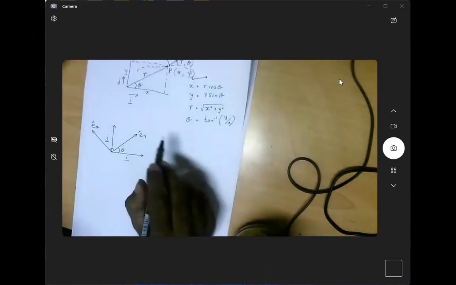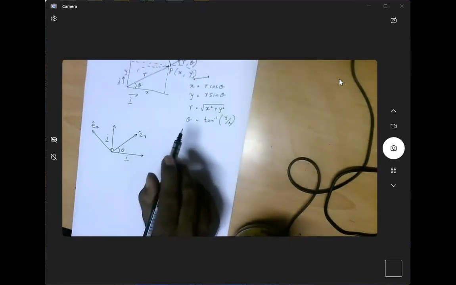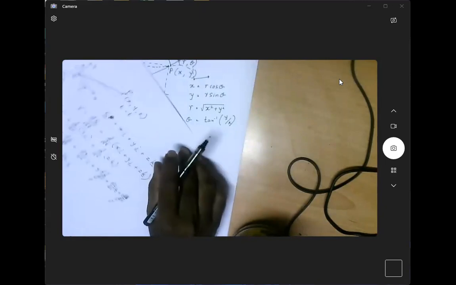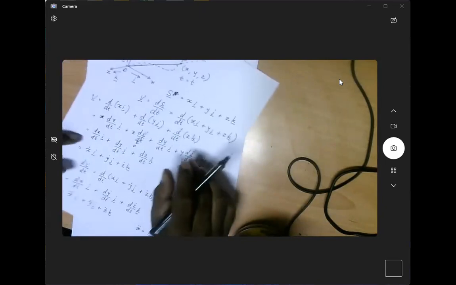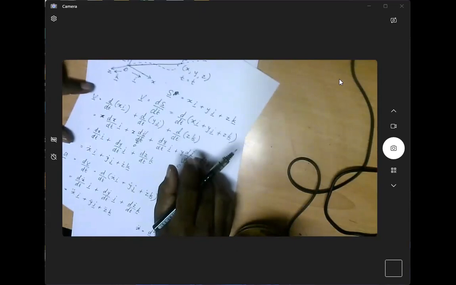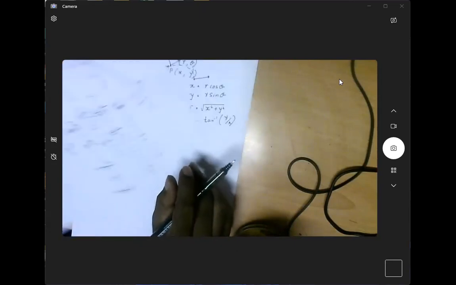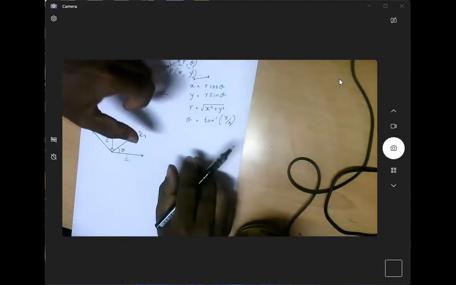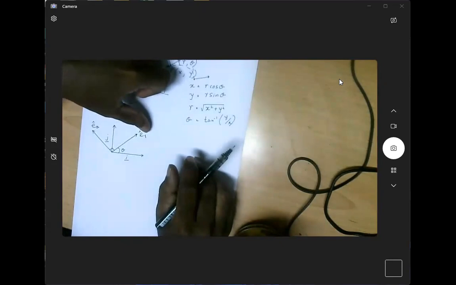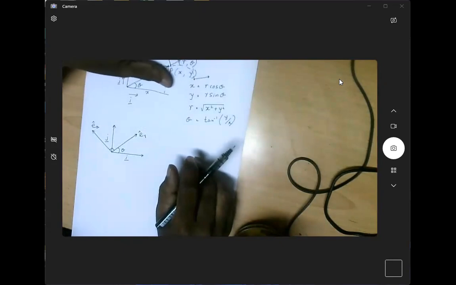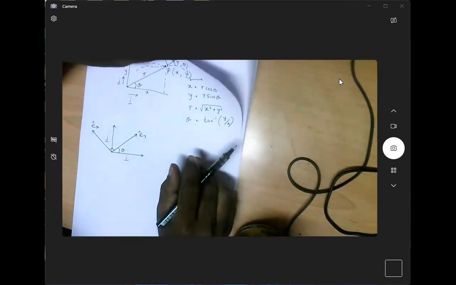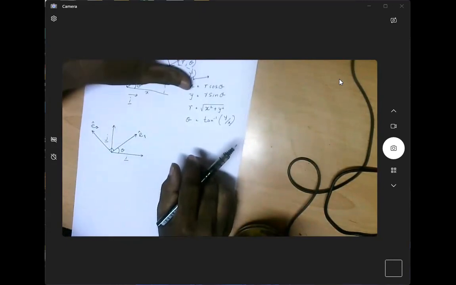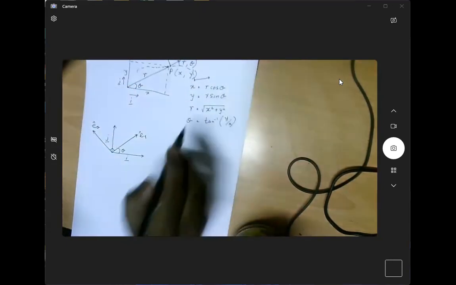If you do the same formulation we did for the Cartesian coordinates, this time you need to find the derivatives of the unit vectors e_r and e_theta. So let's find the derivative of e_r and e_theta with respect to time.